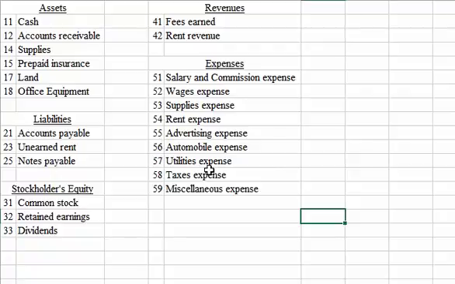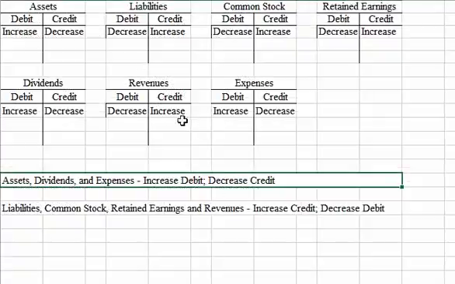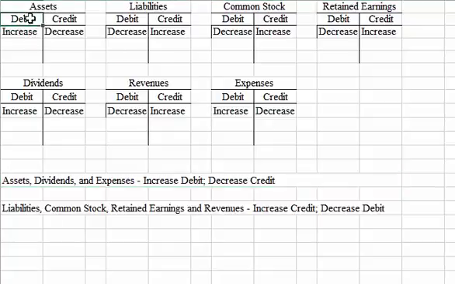Then you'll read a transaction, pick out the accounts affected. Then for each account affected, you'll decide whether the account increased or decreased, and you can enter it into the journal using this system of debits and credits. For instance, if an asset account increased, it would be entered as a debit. At the same time, if a liability account increased, it would be entered in the journal as a credit.